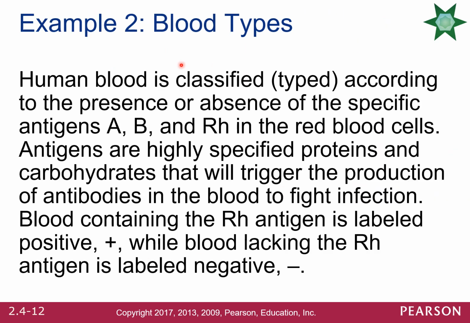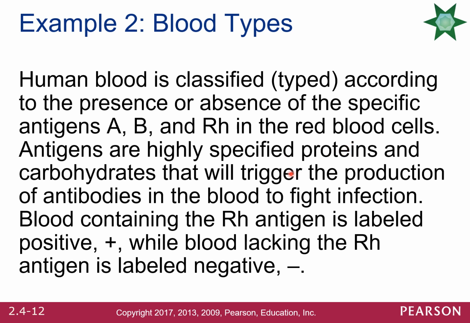Now the book illustrates the three set Venn diagrams using an example from biology, and it's on blood types. Human blood is classified according to the presence or absence of the specific antigens A, B, and Rh in the red blood cells.